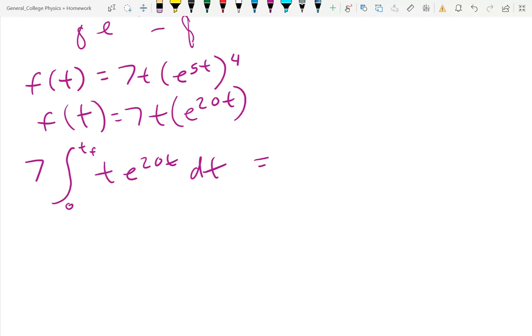Here is the rule for integration by parts. Integration of u dv is equal to uv minus integral of v du. You can see why I'm saying it's a fair amount more difficult than the other ones.